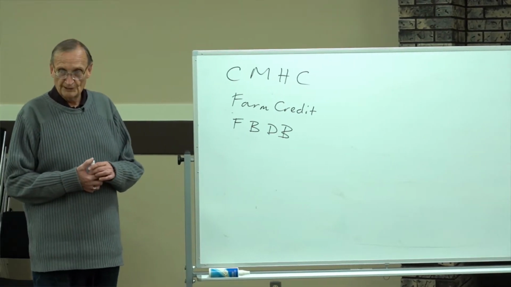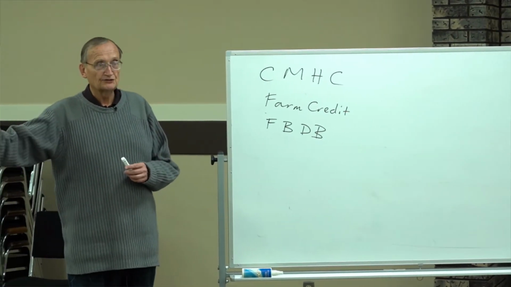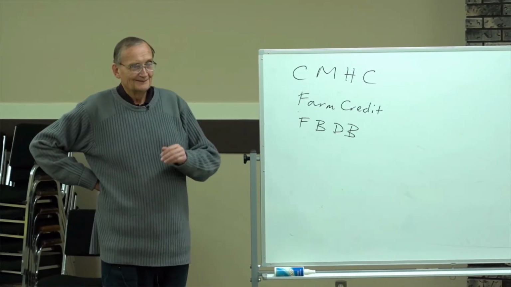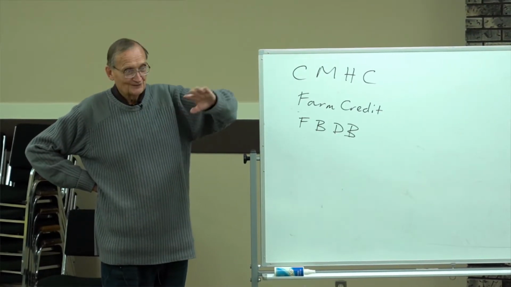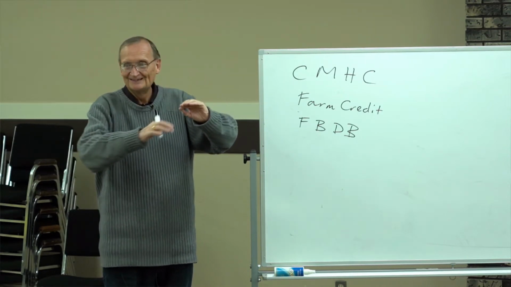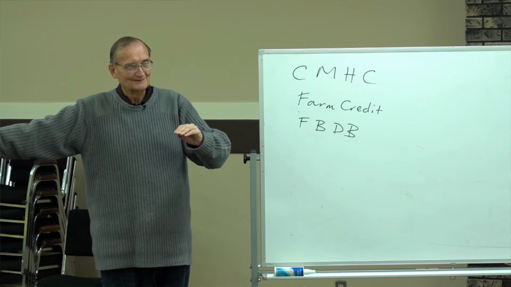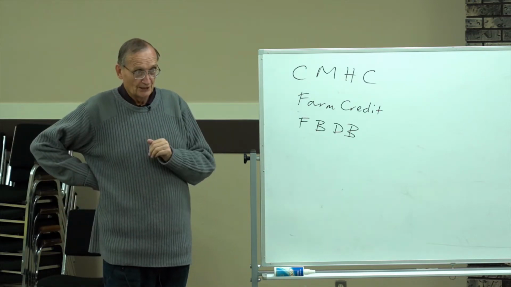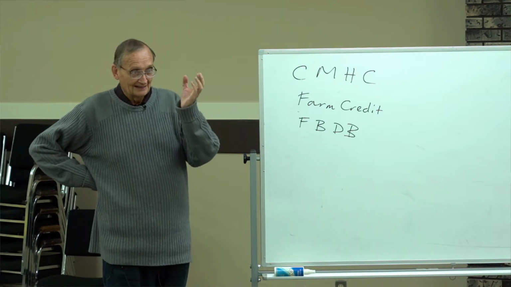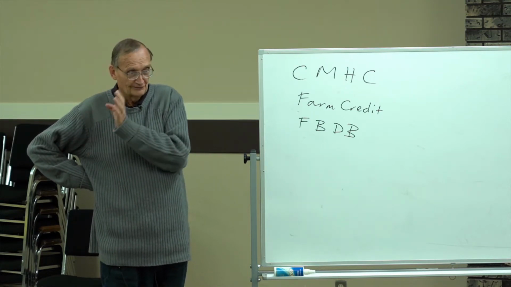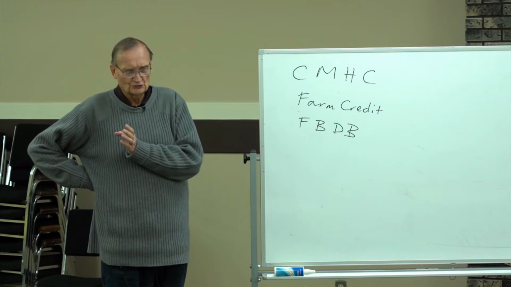It borrows money from people and re-lends it to businesses. Farm Credit, they issue bonds, and they lend the money to who? To farmers. CMHC actually issues bonds, and it lends money to people on apartments or real estate developers, that kind of thing, usually for social housing.